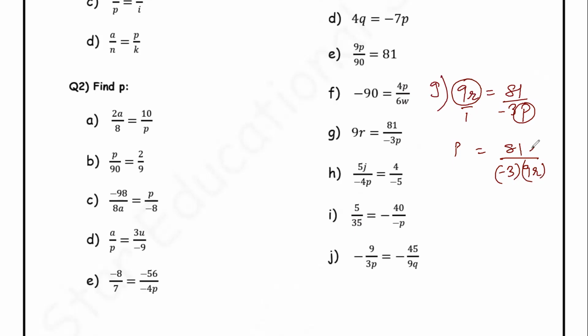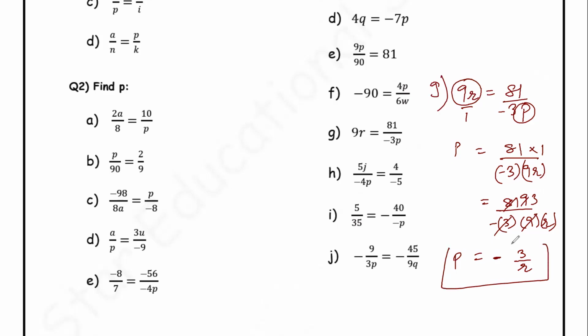So I got 81 over negative 3 and 9 and R, right? I can write it down this way, 9 and R separated. 9 goes into 81 9 times. 3 goes into 9 3 times. I can bring down the negative outside, and I've got my answer as negative 3 upon R.